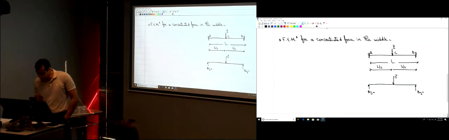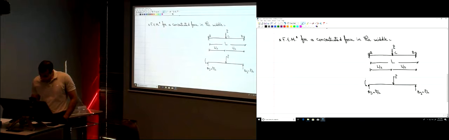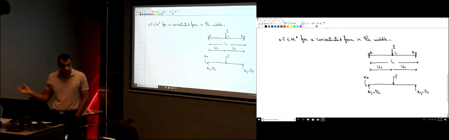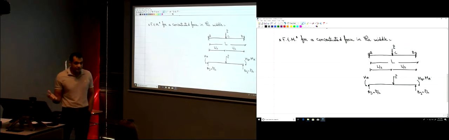And just 1/2 P. So I know, yeah, this is P over 2, and this is P over 2. And since the beam is symmetric, if MA is the fixed end moment, this moment MB is simply equal to MA due to symmetry, right?